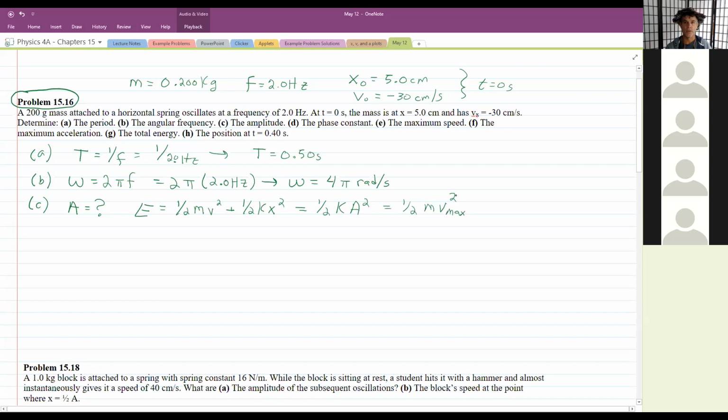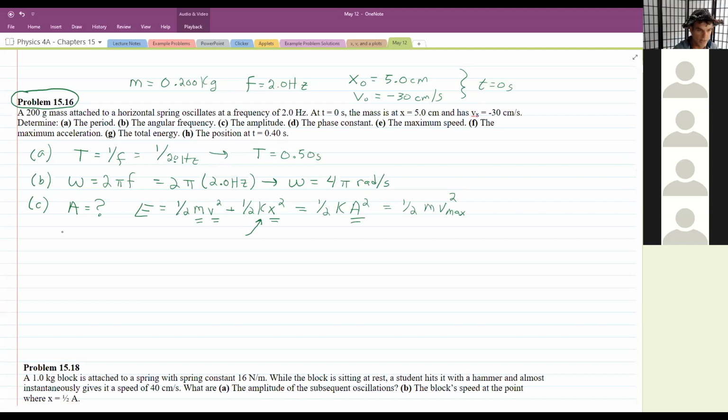Always going to be true. So here's a case where I'm given the mass, I'm given the speed and the position at a given time. So if I knew what k was, then I could solve this equation for the amplitude. I was not directly given what k is.